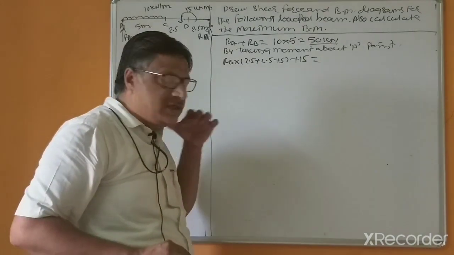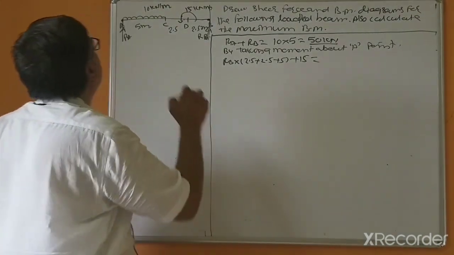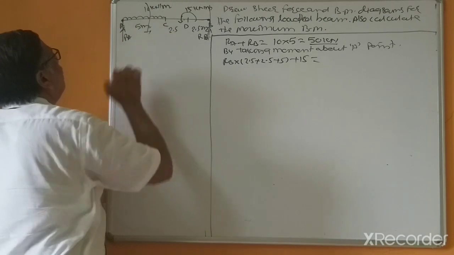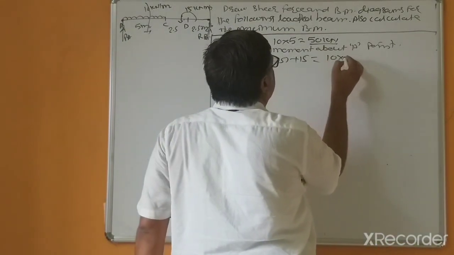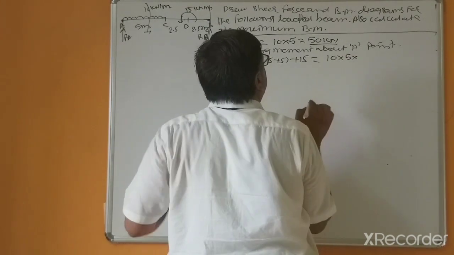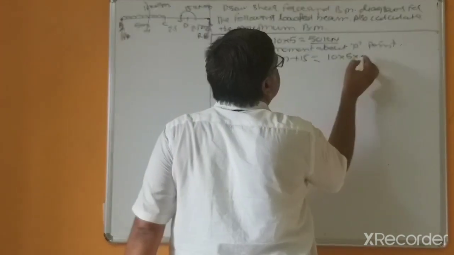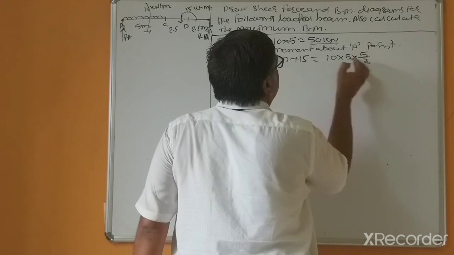These anti-clockwise moments are balanced by clockwise moments, and there is only one clockwise moment, equal to 10 kilonewton multiplied by 5, and half of its distance, distance divided by 2.